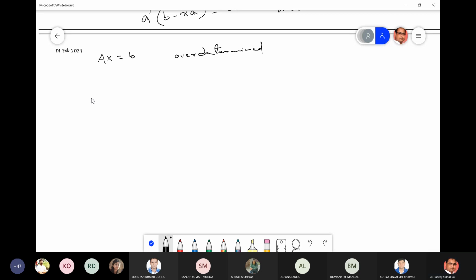Now, if we look at the diagram, what is that? We have A, we have b. Now we have a projection, isn't it? This is what p is, and this is what the error term is.